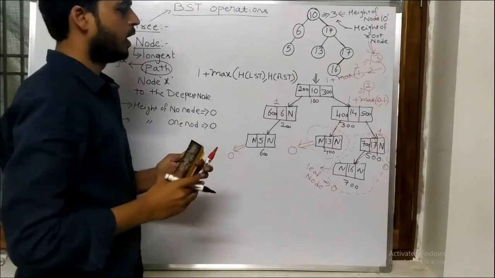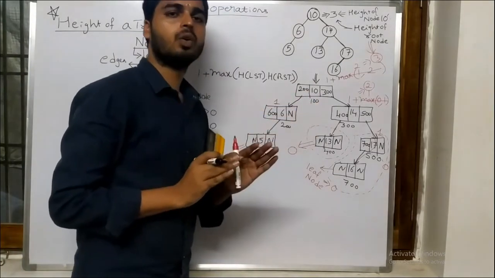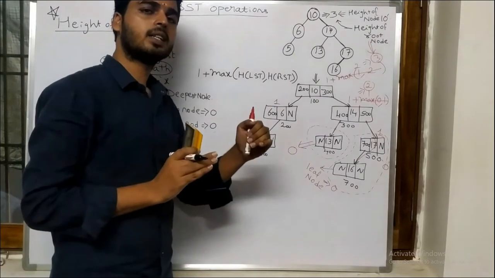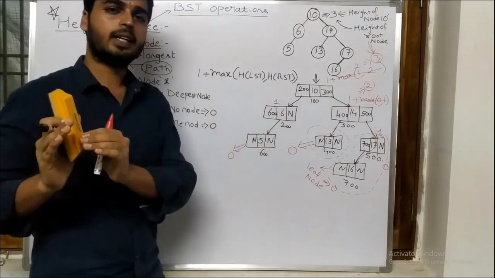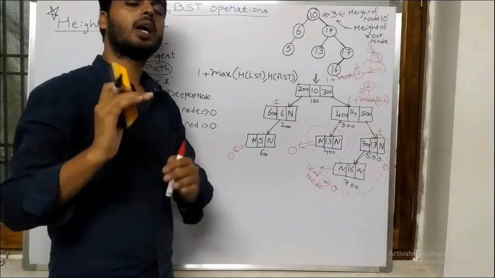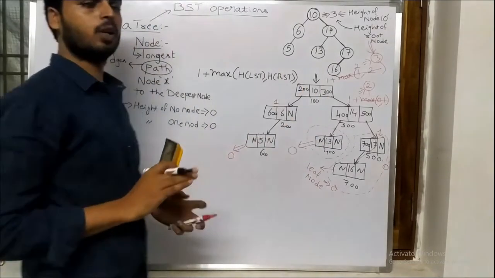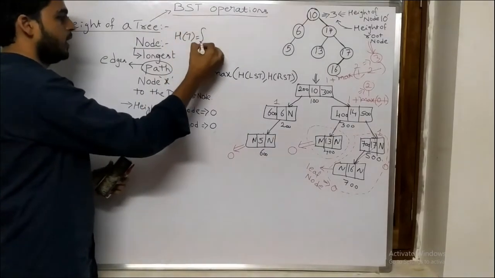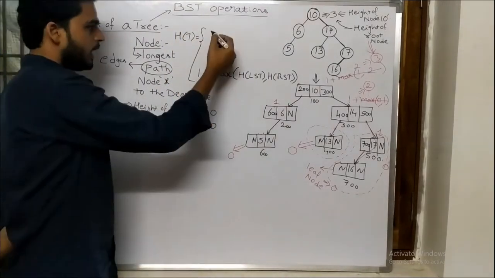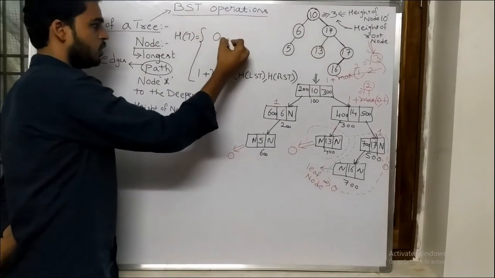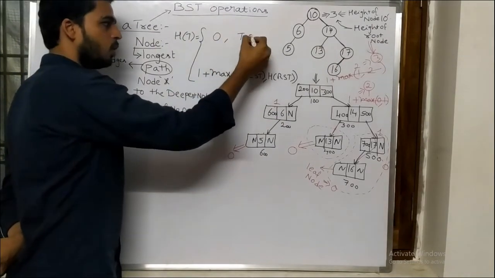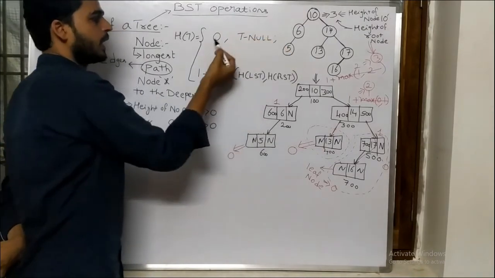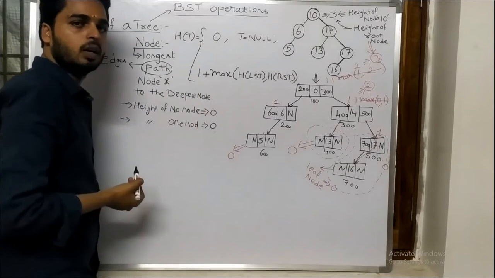The logic is simple. If you want to find the height of a particular node, we take the left child height or the right child height, whichever is the maximum, and to that I add 1. That simply represents the height of n. Okay. So simply, if I say a tree of height h of t, if there is no node, I mean the node value is null, I can say that the node height is 0.